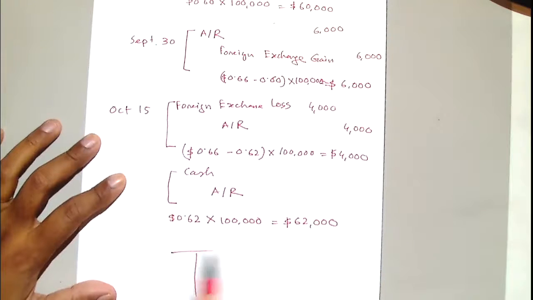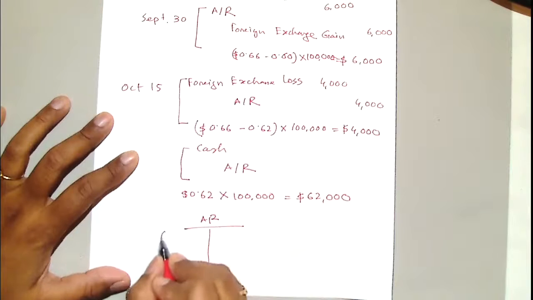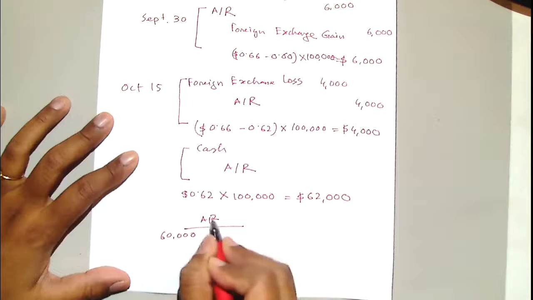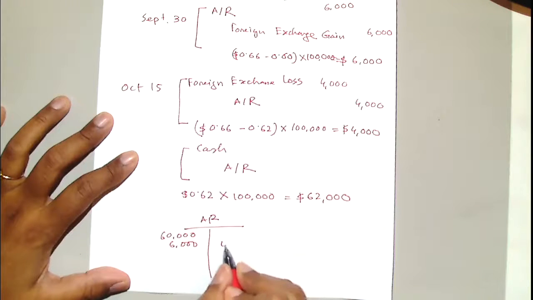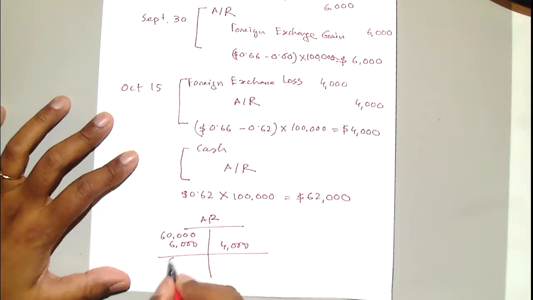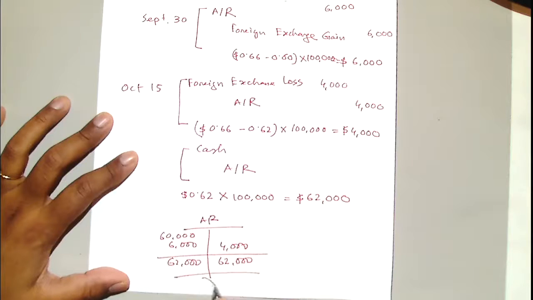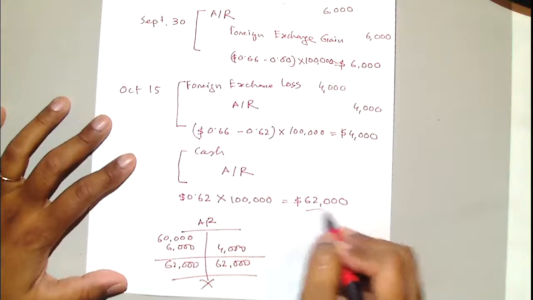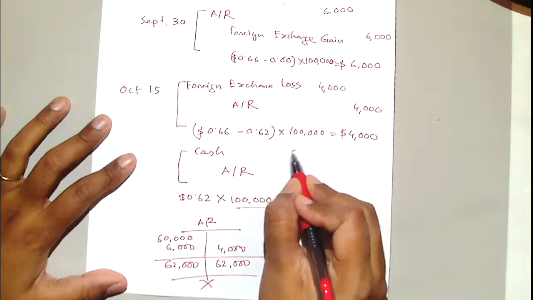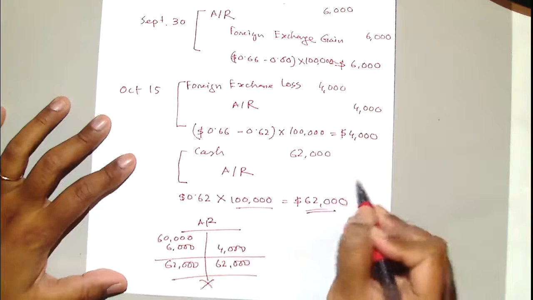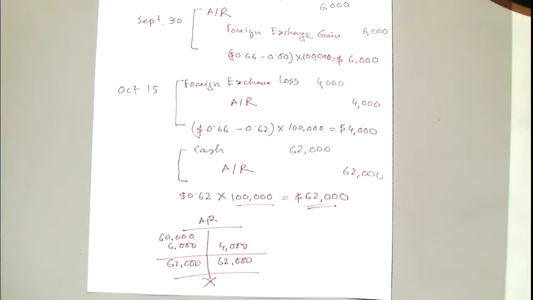Or even if you do a T account, you will also find the same account receivables value. That means we're going to remove these account receivables entirely. So we got the crowns, we converted them into dollars, we got this cash, and at the same time we collected our account receivable, so we remove it.